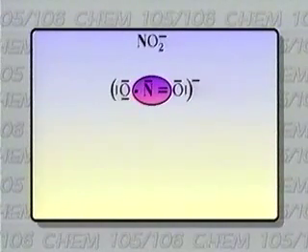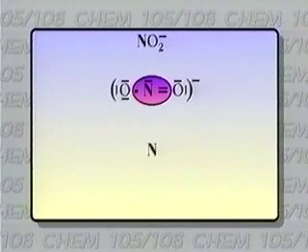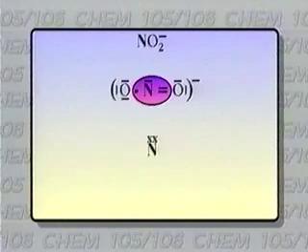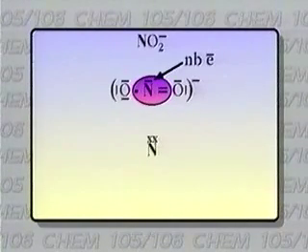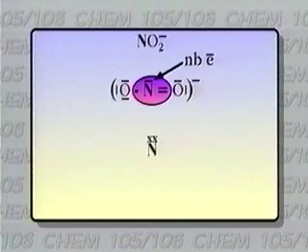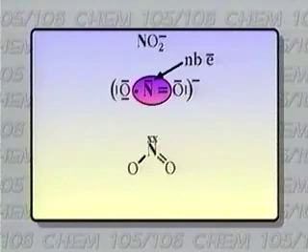So if we were going to draw this out, we would draw nitrogen and then a pair of electrons, but those are the non-bonding electrons. We've mentioned those before, non-bonding electrons. Then we would have this double bond oxygen, and we would have a single bond oxygen.